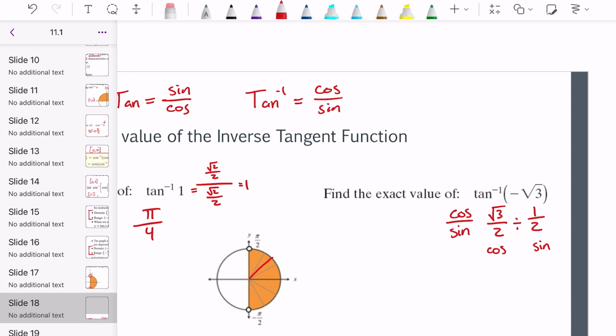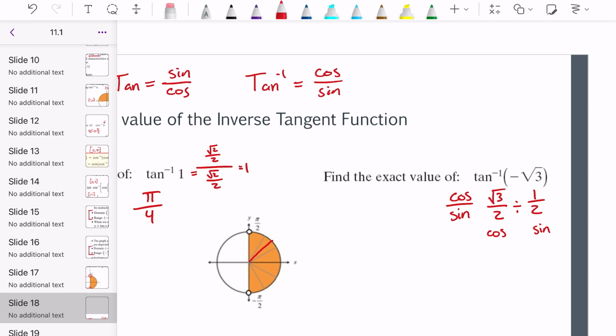We have to determine where our cosine for a square root of 3 over 2 would be. And in this case, this would leave us with the square root of 3 over 2 times 2 over 1.